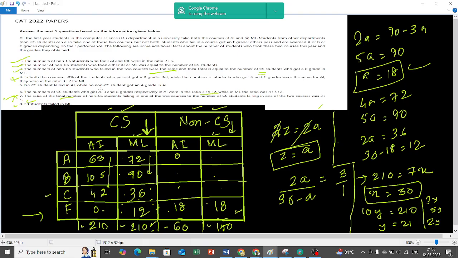So let us traverse the information that we have left. Let us go back to instruction number 4. Instruction number 4 says in both the courses 50% of the students who passed got a B grade. ठीक है, तो in both the courses 50% of the students who passed, इसका मतलब समझे?